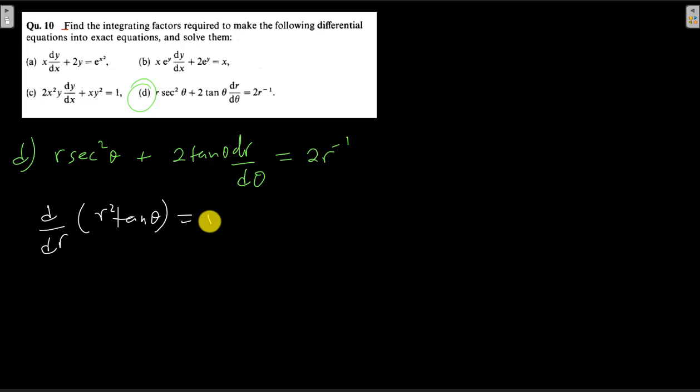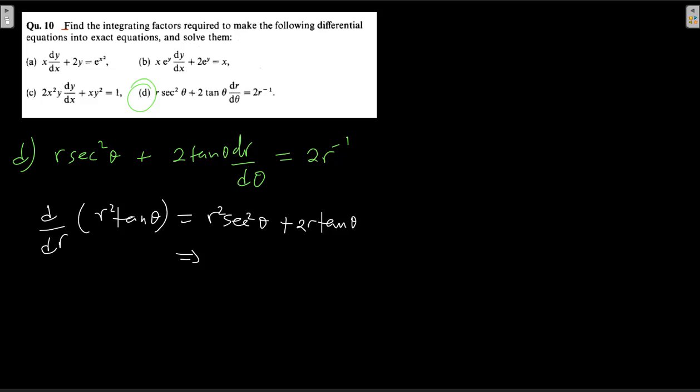If I keep r squared as a constant, and then I find the derivative of tan theta, that's going to be sec squared theta. Plus, now let's have tan theta stay constant, and then the derivative of r squared is actually 2r. Okay, how's this?